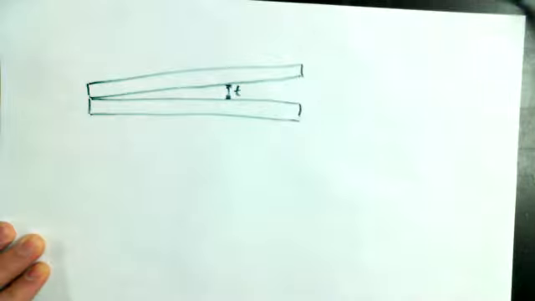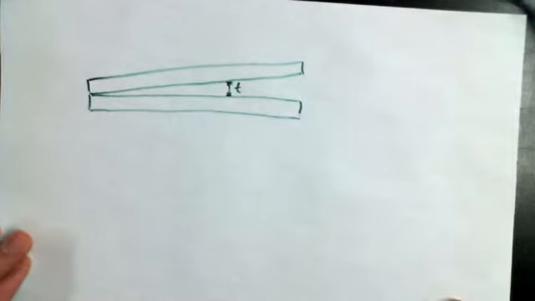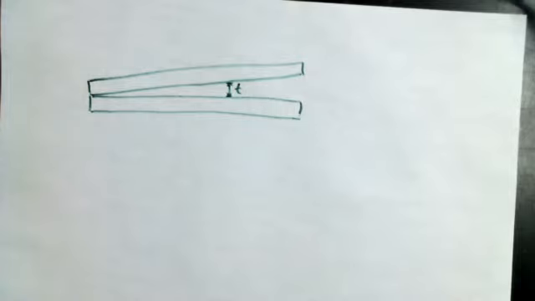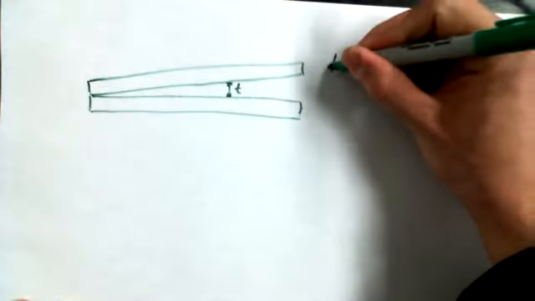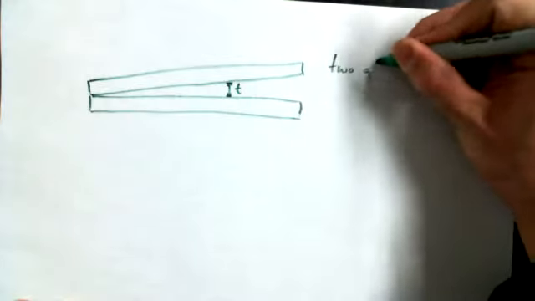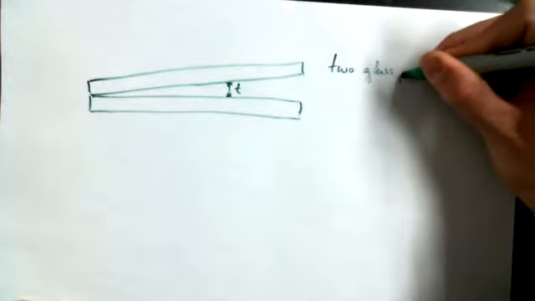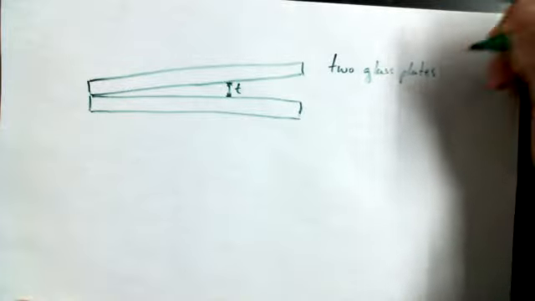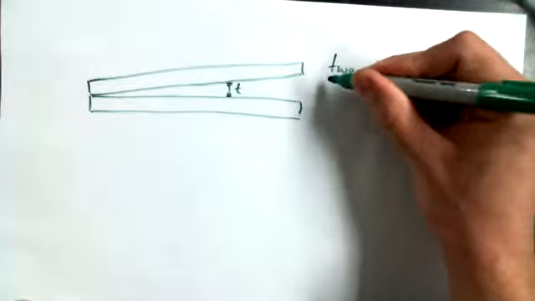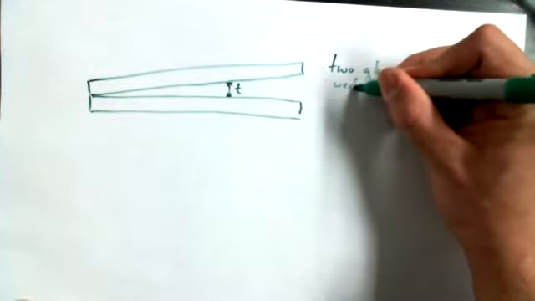It's got a thickness T of air. Okay, so I'm going to ask you to draw this, if you haven't already. So we've got two glass plates and a wedge of air.